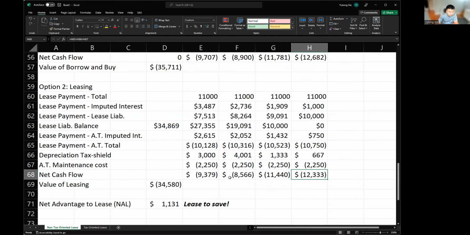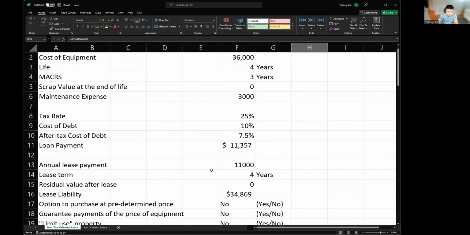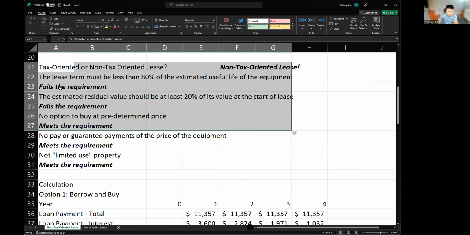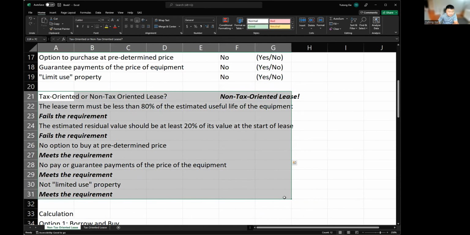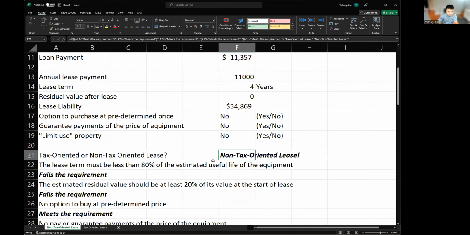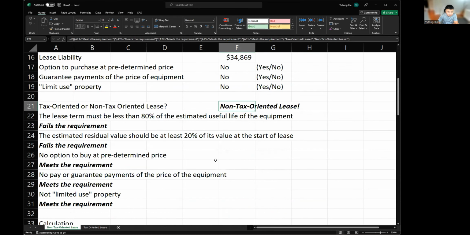Okay, and what's the tax impact that's going to help us make the analysis. And also how you can identify whether it's a tax-oriented or non-tax-oriented lease. They're listed here. Okay, so using this model, it's going to help make a pretty easy recommendation for you. Okay, and that's it.